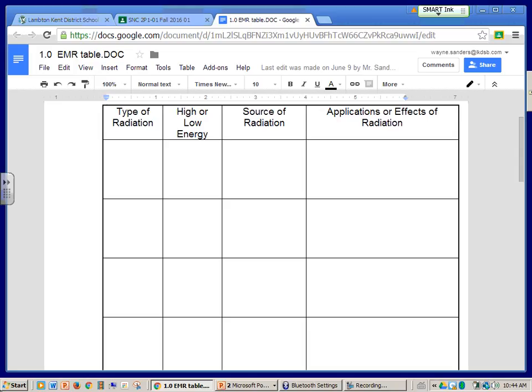So yes, nuclear bombs produce them, but let's think of something nicer like radiation therapy for cancer. We all know someone who's had cancer. If they've had radiation therapy, it means they've gone to a machine that produces gamma rays to irradiate the tumor, and the idea is that the gamma rays will kill the bad tumor cells, okay?